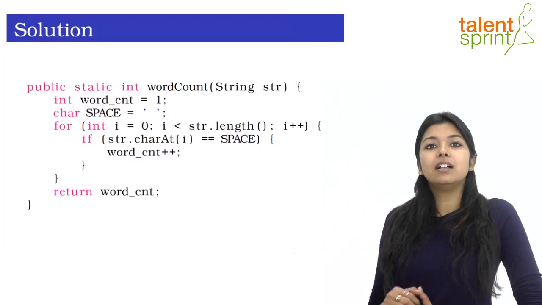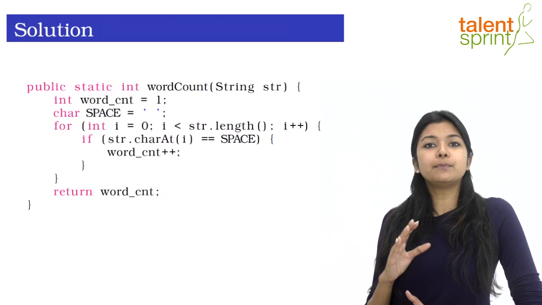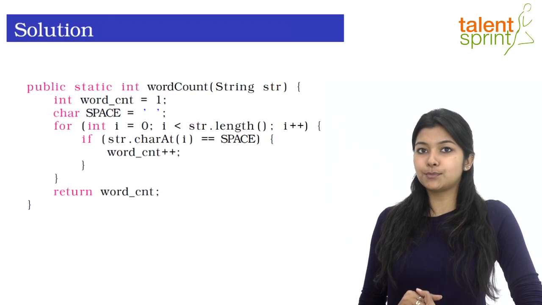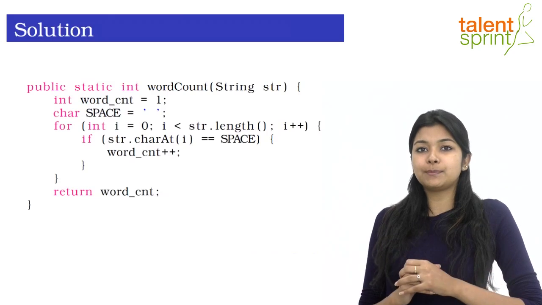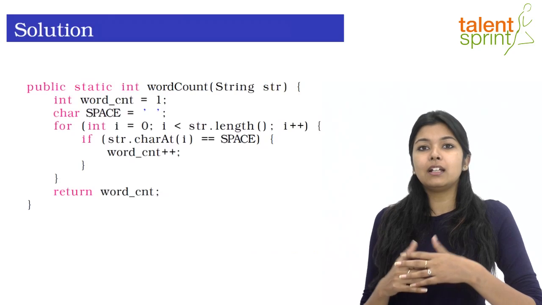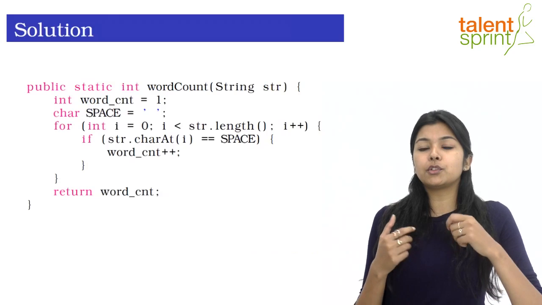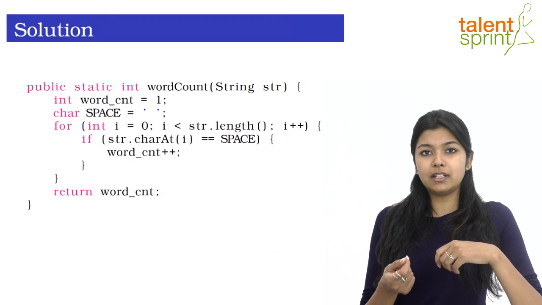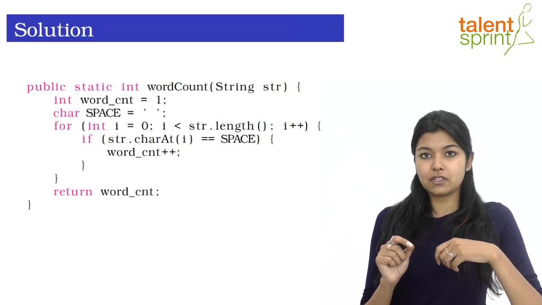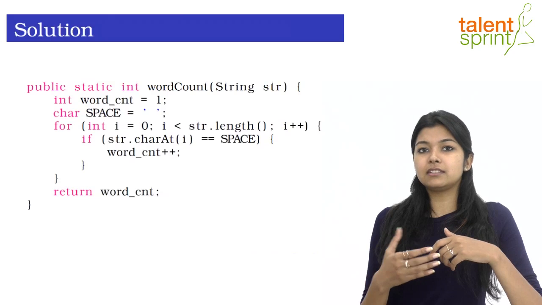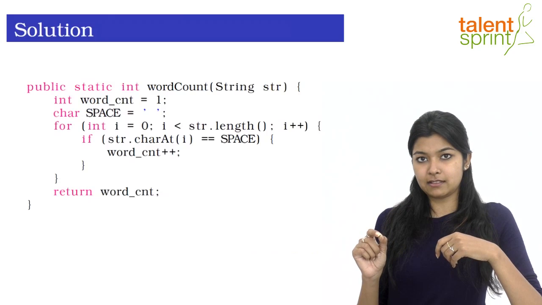So let's start. This function shows a very simplistic approach towards solving this problem. Let me first explain what we are doing here. Let's say we have a string that has 5 words. Now those 5 words will be separated by a space. So if there are 5 words in a sentence, there would be 4 spaces in the sentence.